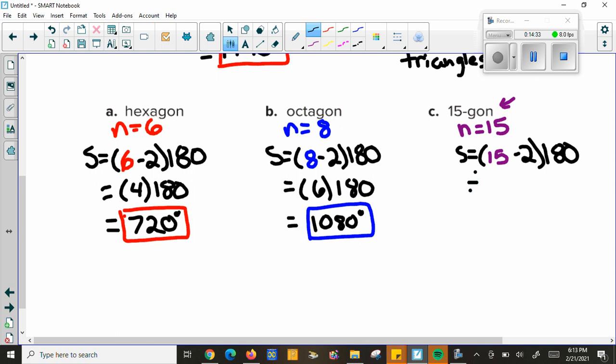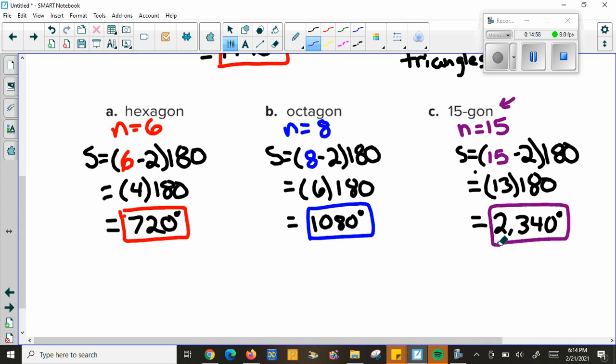I'll go ahead and simplify. The 15 minus 2 is 13 times 180, giving me a total sum of 2,340 degrees.